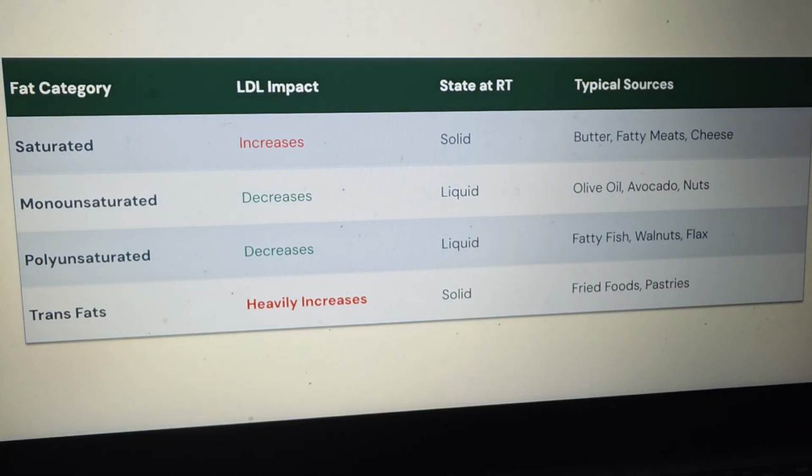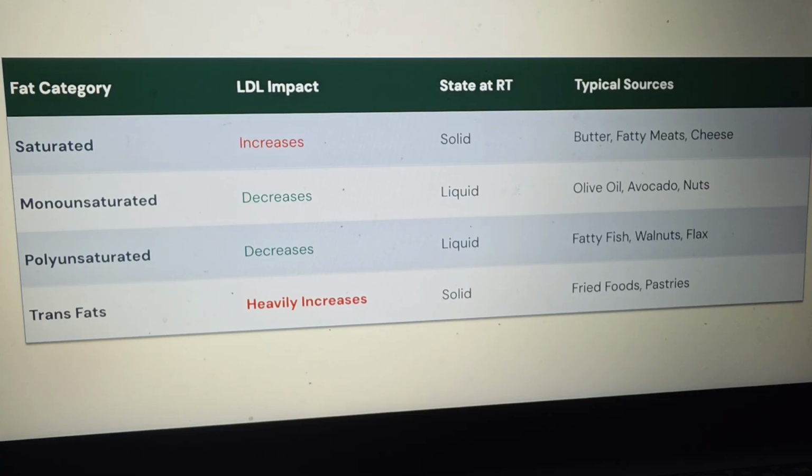Okay, comparative impact of dietary fats. Fat category: saturated fat increases LDL, and is usually solid at room temperature. Typical sources are butter, fatty meat, and cheese. Monounsaturated fat decreases LDL, and is liquid at room temperature.